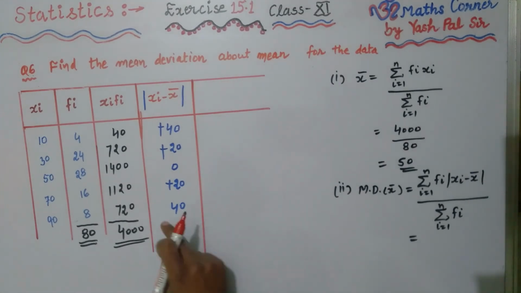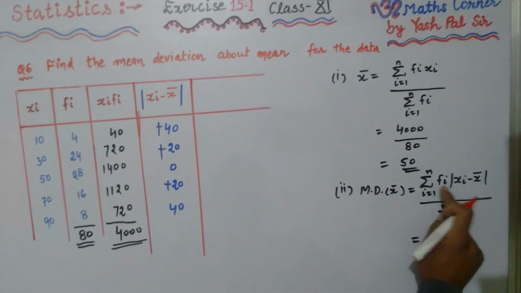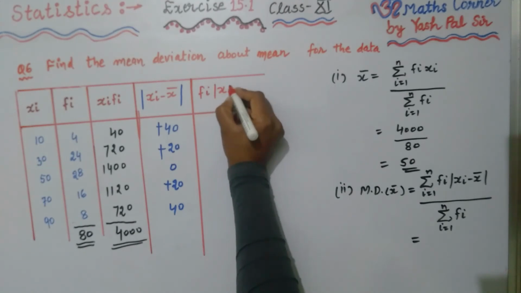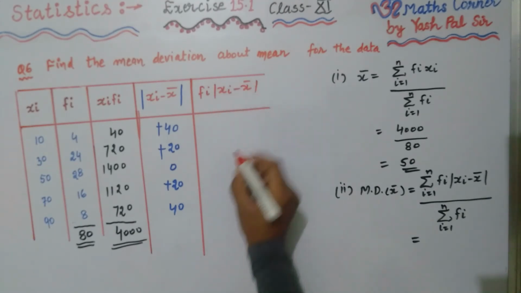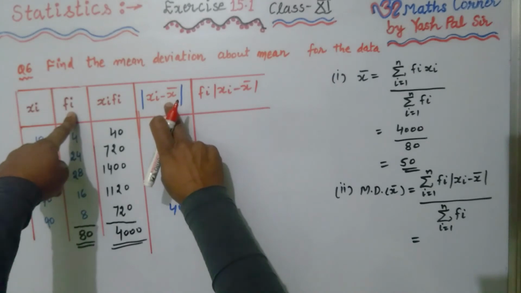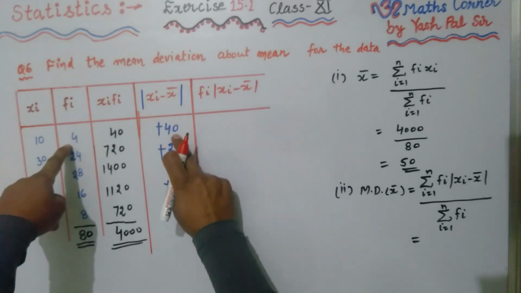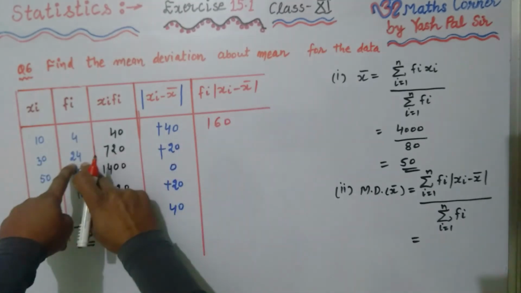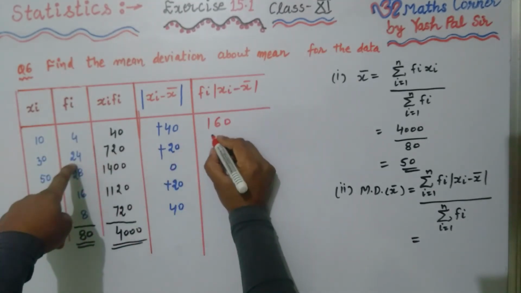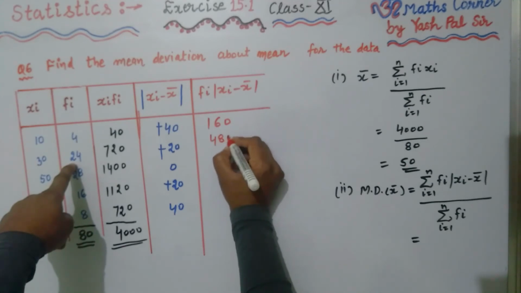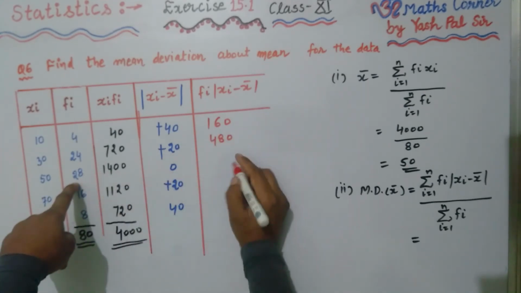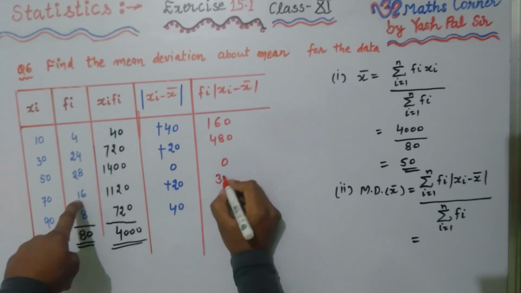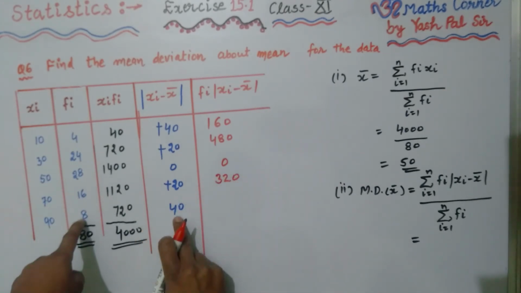What we need is to find fi into modulus of xi minus x bar, that is the product of this and this. 4 into 40, 160, 24 into 20, 480, 28 into 0, 16 into 20, 8 into 40.